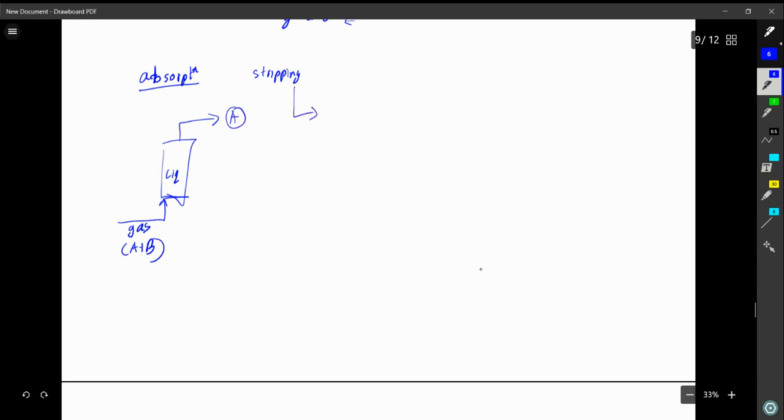Whereas in stripping, a solvent gas A comes in, and a liquid B plus C comes in, and then the A interacts with this and pulls B out of it and becomes A plus B, and C liquid goes out.